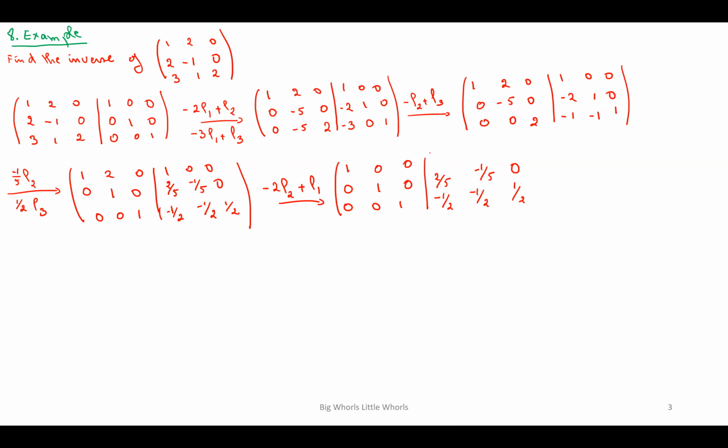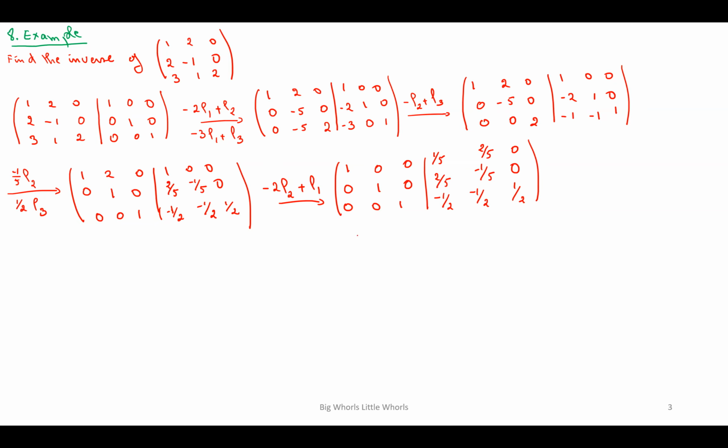I'm left with the 1 over 5 here, so let me have minus 2 times row 2, so minus 4 over 5 plus 1 is 1 over 5 there, and here is going to be 2 over 5. Okay, and here is going to be 0.